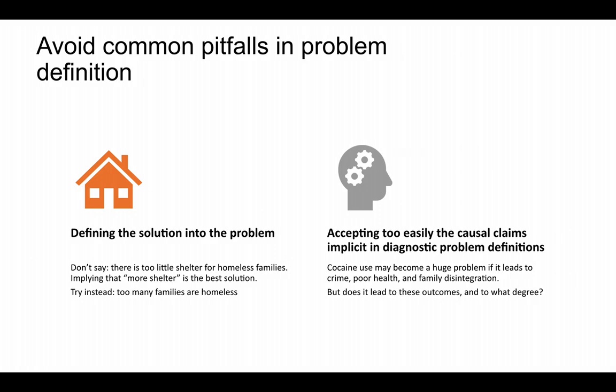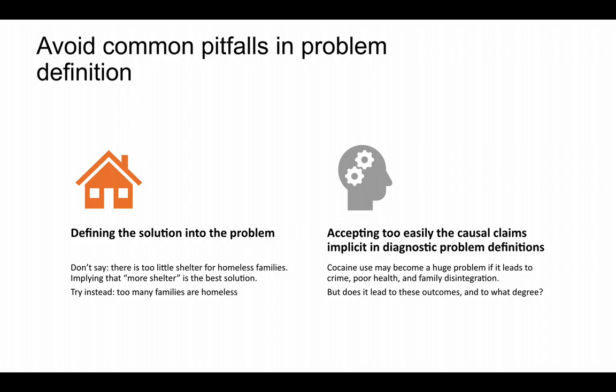So last warning, you need to avoid common pitfalls in problem definition. You don't want to define the solution into the problem. So for example, you don't need to say then too little shelter for homeless families. If you say this, which means you are implying more shelter will be the best solution, right?